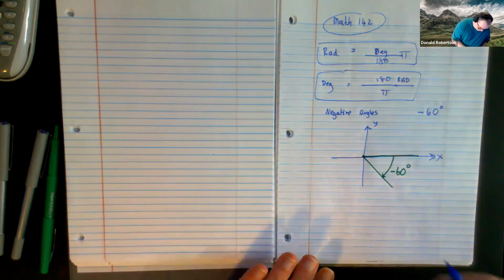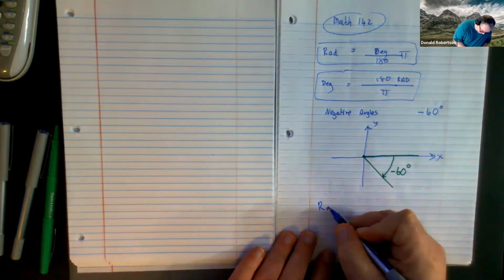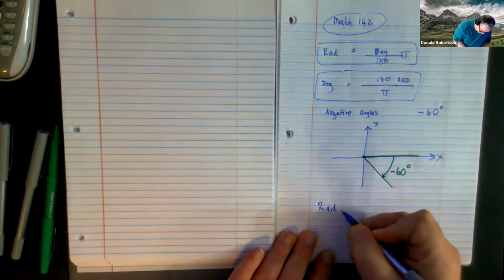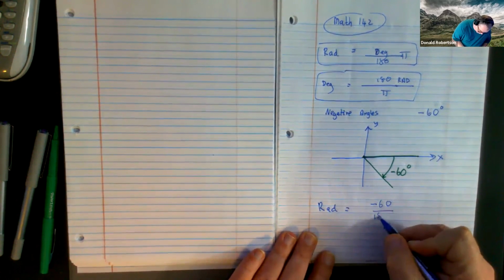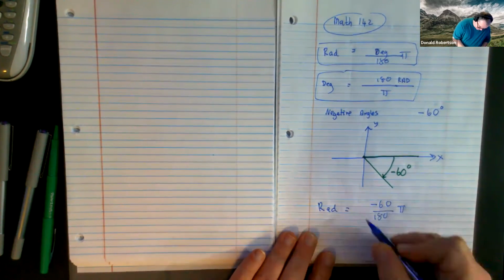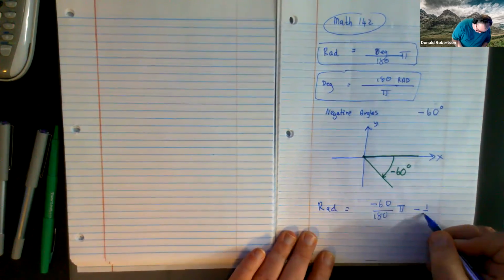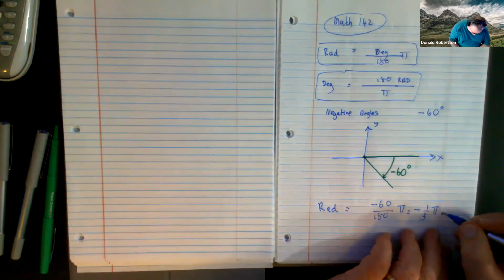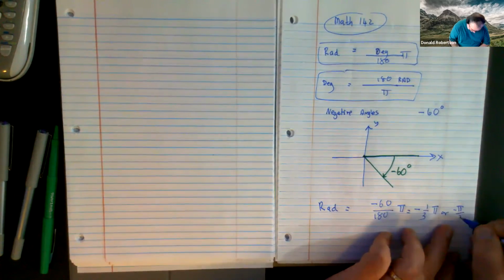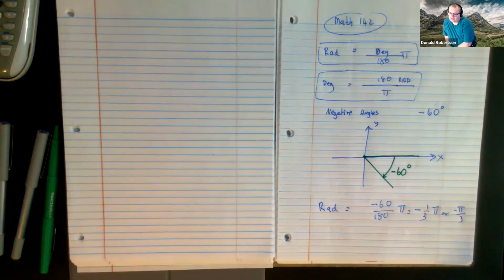And the good news is that we do. If I wanted to turn negative 60 degrees into radians, it would be negative 60 over 180 pi. And if it simplifies as this one does, wouldn't it be negative 1/3 pi? Or for those people who like that, negative pi over 3.